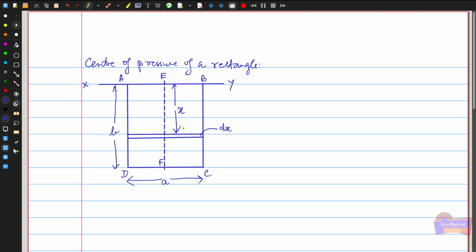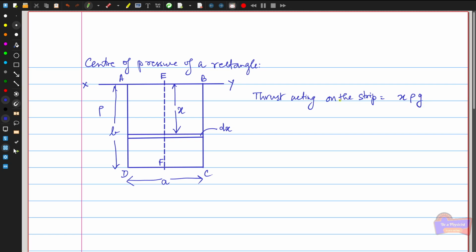The thrust acting on this small strip can be written as h times rho times g. Here h is the distance, so we can take it as x, rho is the density of the fluid we have considered, and g is the acceleration due to gravity.